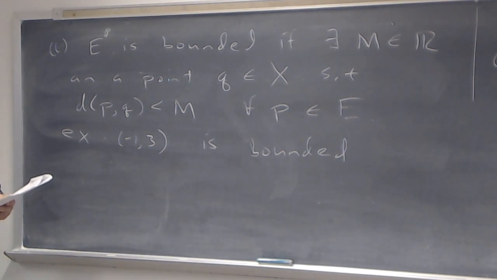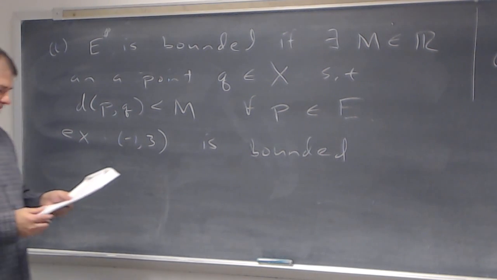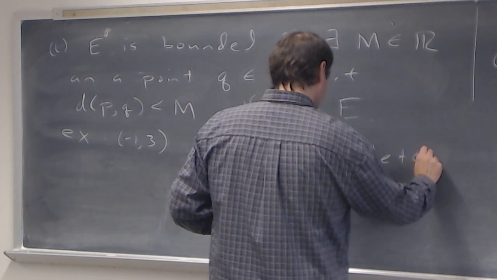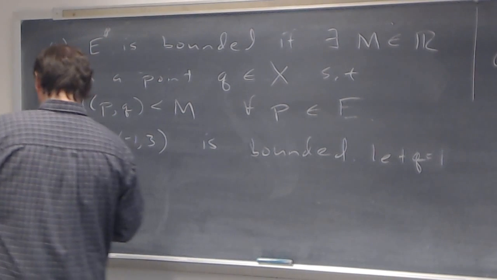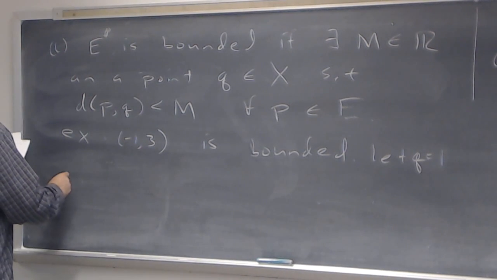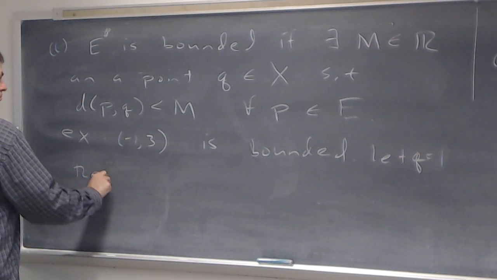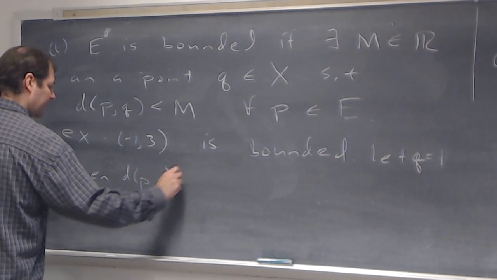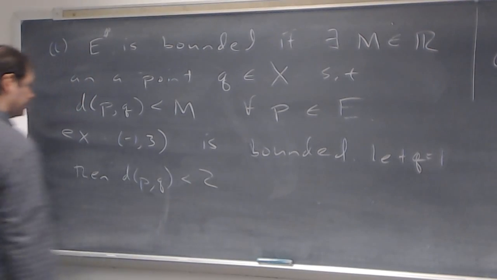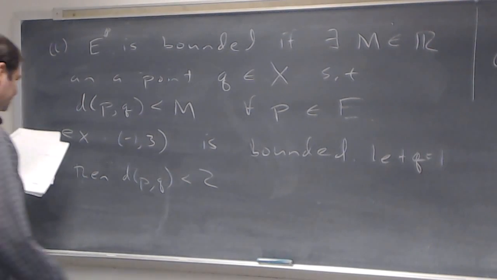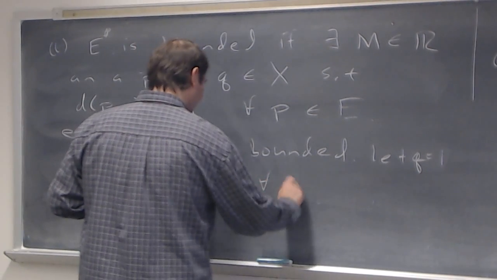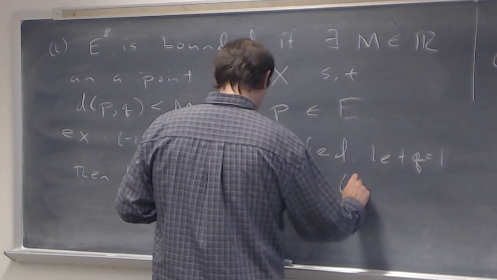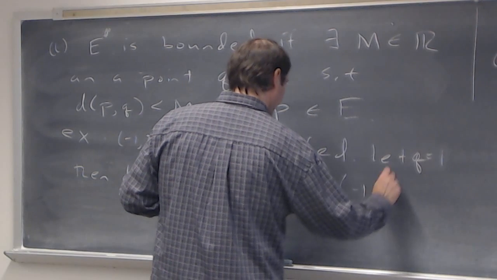But I did something a little different here. You don't have to let Q be 0. What if you let Q be 1? Then the distance between P and Q will be less than 2, and that's for all P element of -1 to 3.